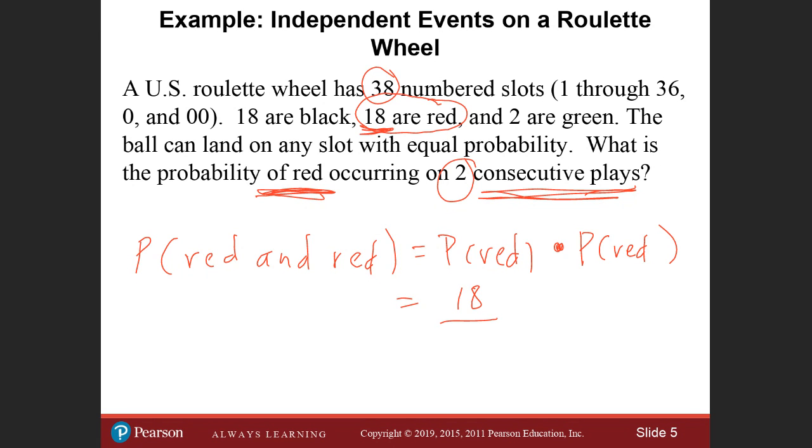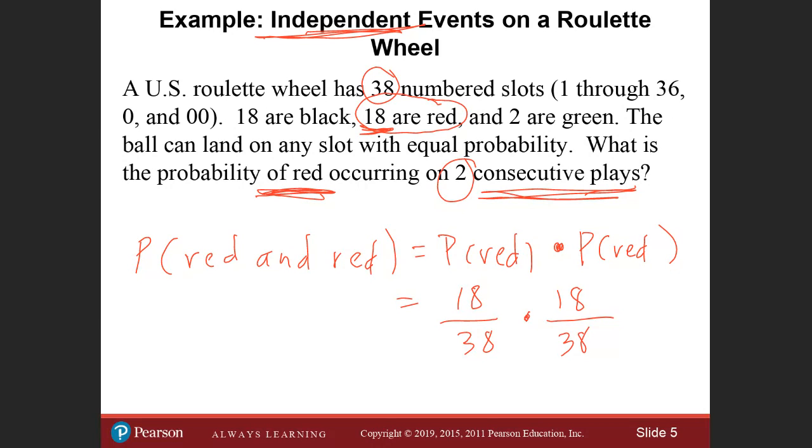That's 38 numbered slots. So that should be here times the same one, 18, because they are independent. So independent events. So we're going to have 18 are red again. So that would be 18 that we have to take over 38.